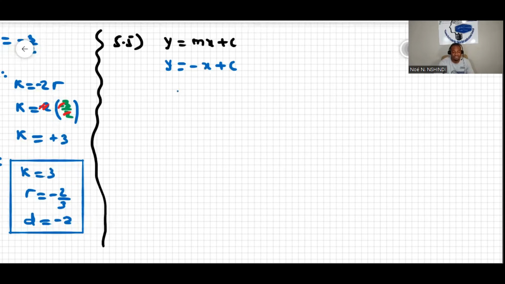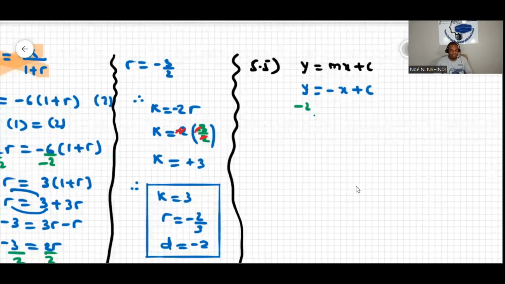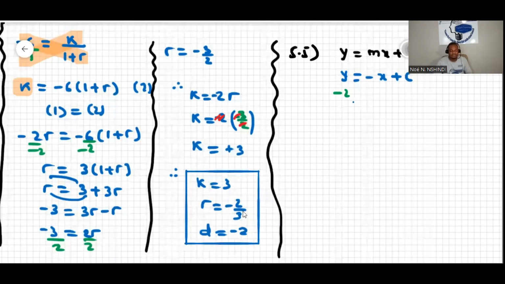Now, when I sub in the values of x and y, note that x and y are just the asymptotes of the graph. We did find them in the previous video. In previous questions, we found that y was equal to -2, and x is the R value.